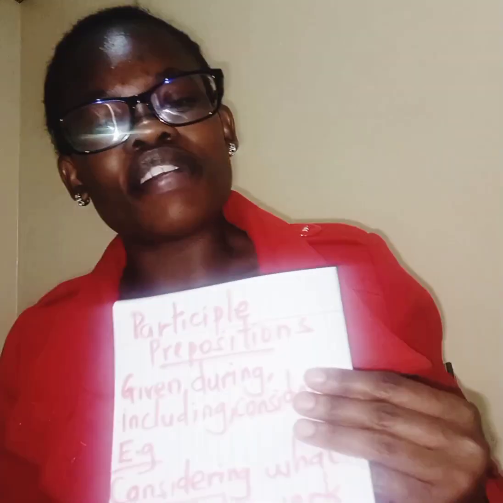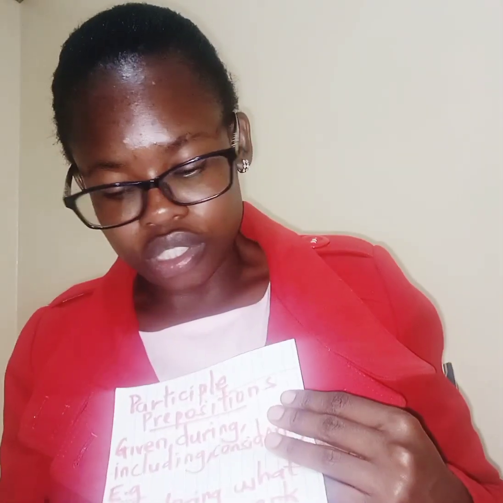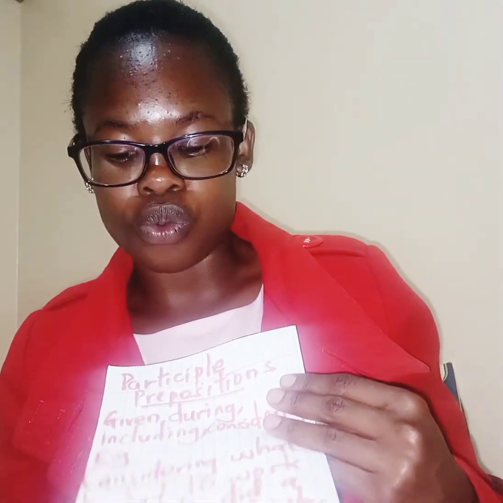We also have participle prepositions, for example, given, during, including, considering, etc. Let's have an example in a sentence. Considering what he had to work with, he did a pretty good job.